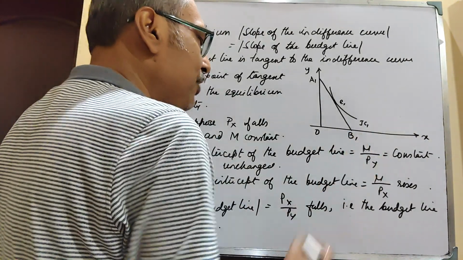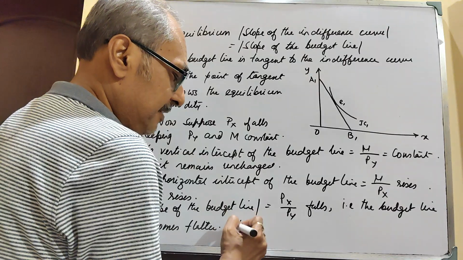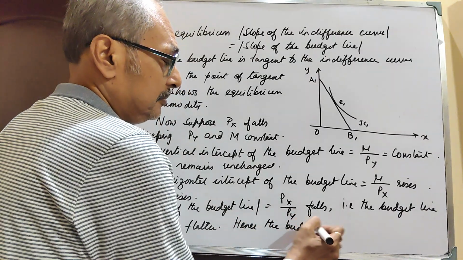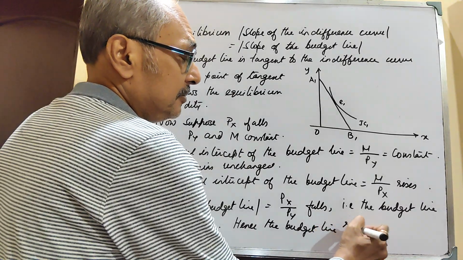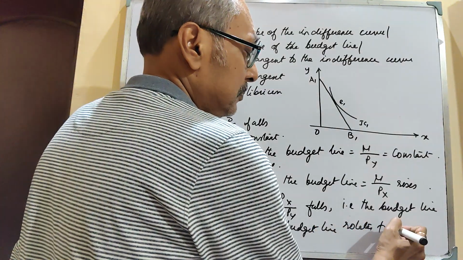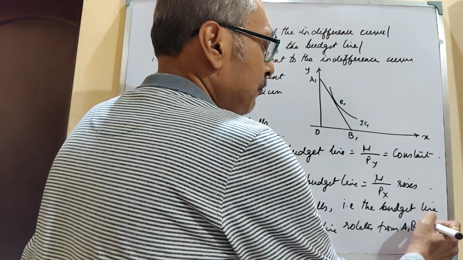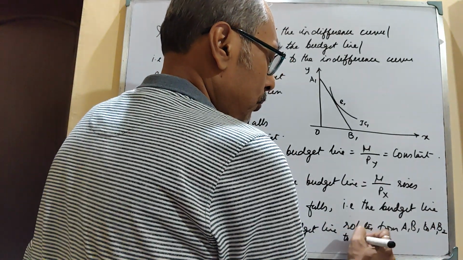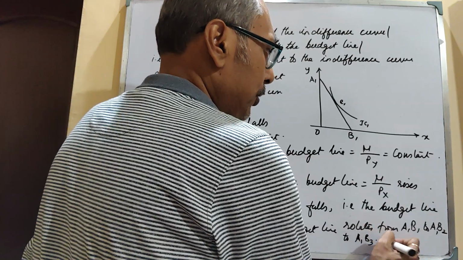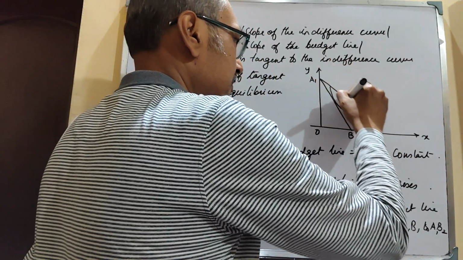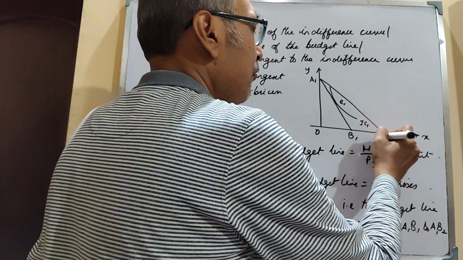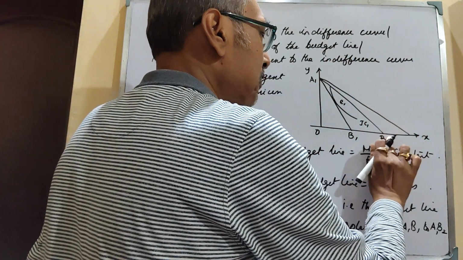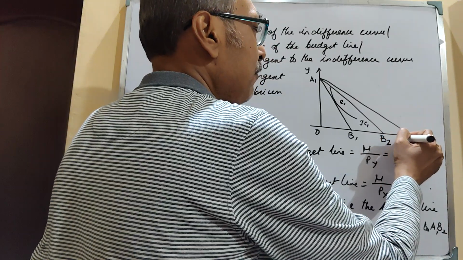Therefore, the budget line rotates from A1B1 to A1B2 to A1B3. It looks like this. This is A1 B1, sorry, A1 B2. This is A1 B3.